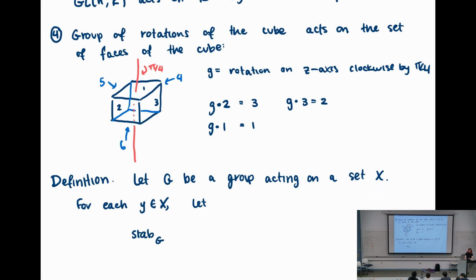Stab_G(y) be equal to the elements g in G such that g times y, or sorry, I said that I was going to do y and then I started writing with x's again. So Stab_G(y) is going to be those elements of G that fix y or stabilize y.